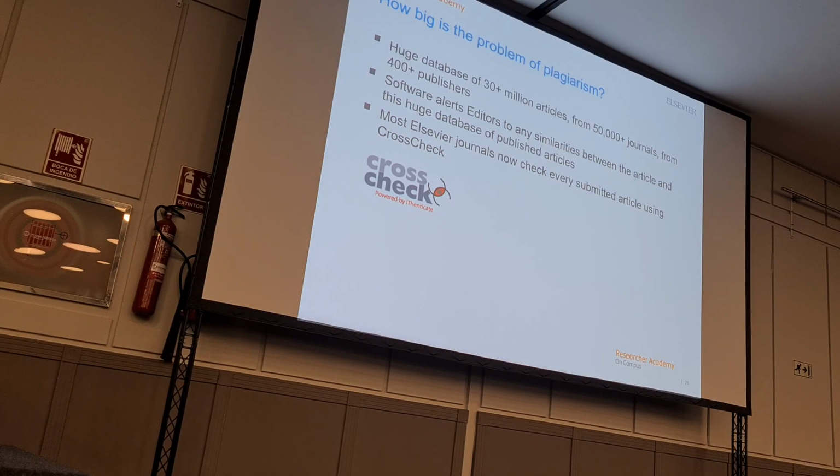So how big is the problem of plagiarism? A huge database of 30 million articles, and 50,000 journals from 400 publishers. The software checks for any similarity between the article and the huge database of published articles. So when we receive your submitted manuscript, the editor can see what percentage of similarity you have.